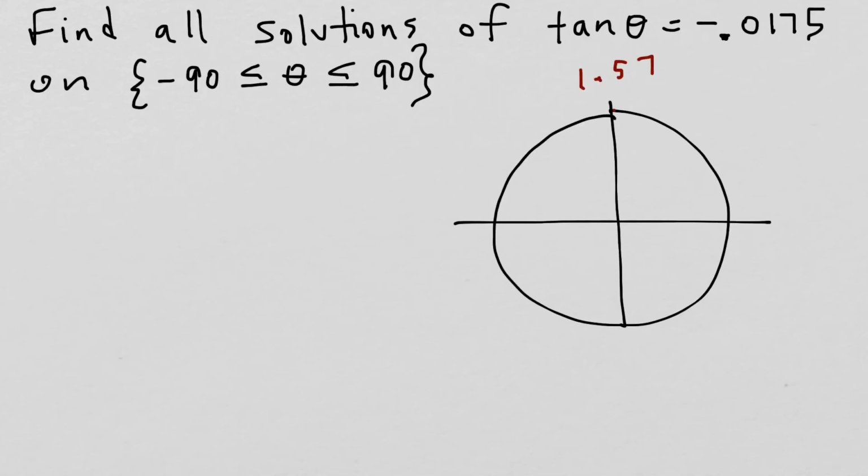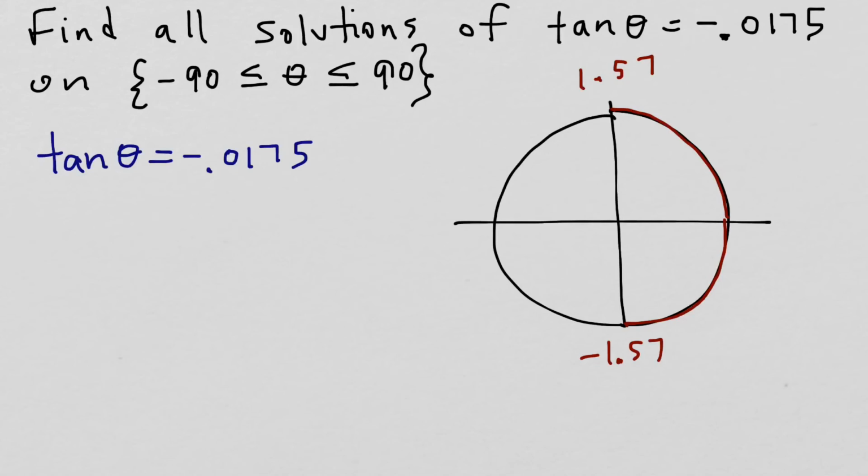And then negative 90 is down at the bottom over here. So that would be negative 1.57 radians. So we want to find angles on that side of the circle that have a tangent equal to negative 0.0175.